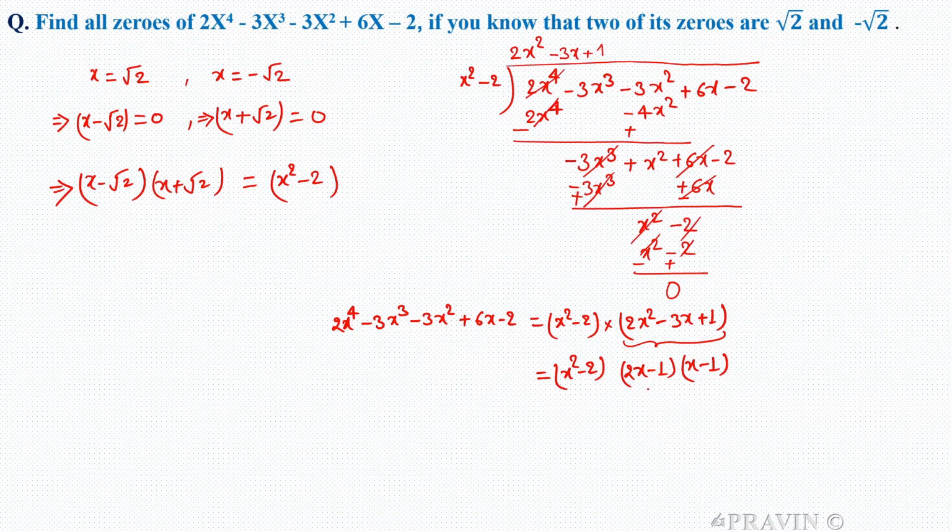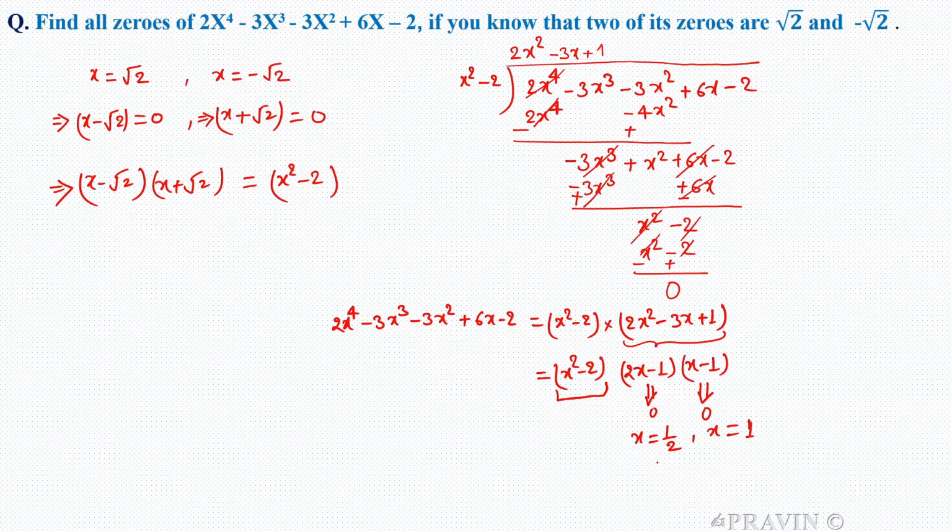And to get zeros, you have to equate this with 0 and also equate it with 0, and from here you will get x is equal to half and x is equal to 1. Here I have not equated this one with 0 because it is already given that root 2 and minus root 2 are its two zeros.